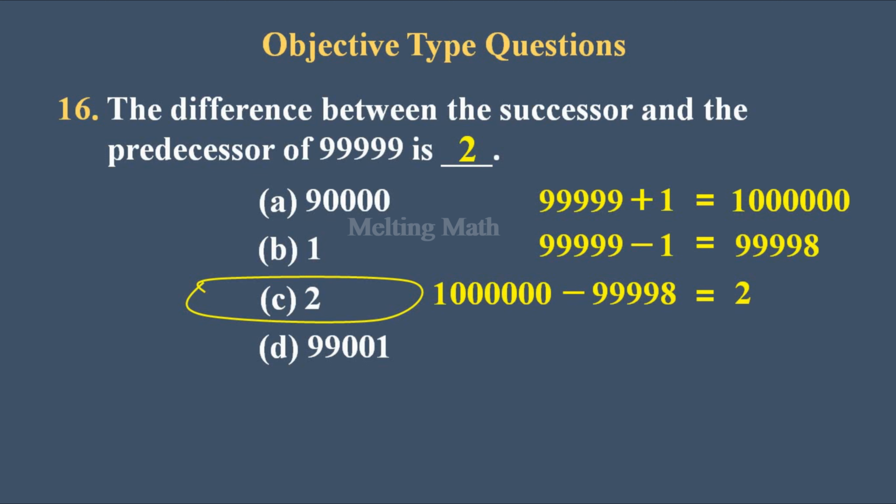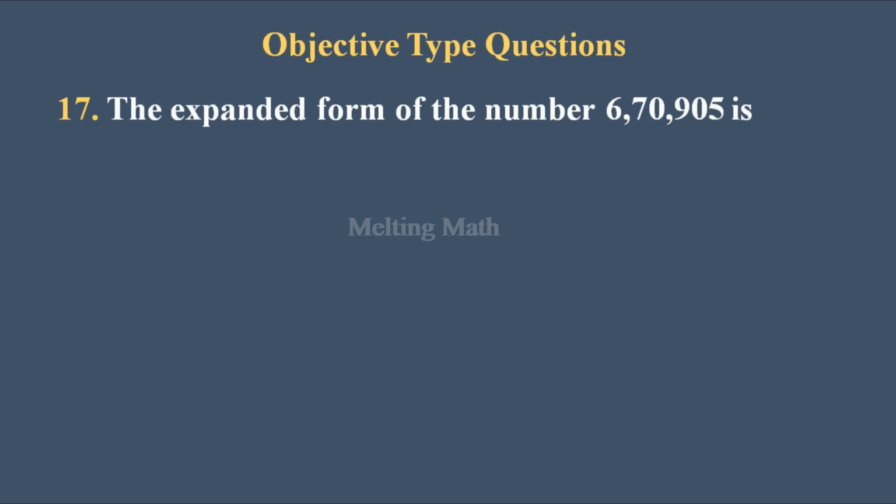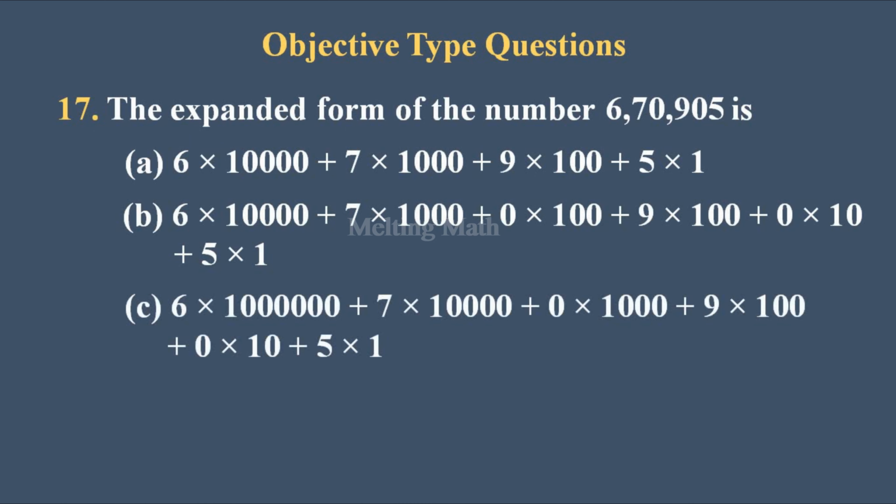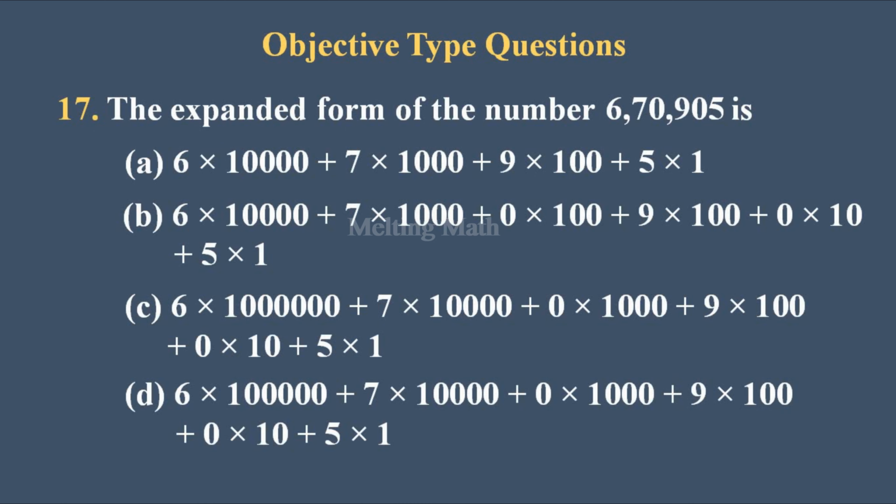Next, the expanded form of this number is dash. First observe the commas of the given number, because we have to find whether this is in the Indian system or the international system by using the commas. Here the comma is placed after 3 digits from the back, then every 2 digits. This comes under the Indian system.